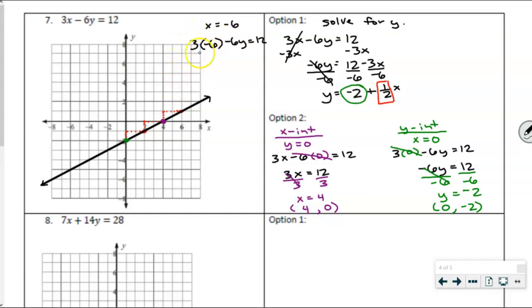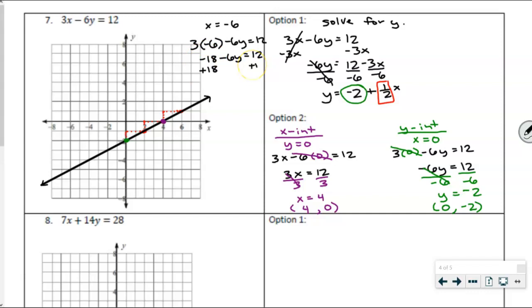Still going to work, but what do you notice now? 3 times negative 6, is it 0 like it was before? No. So it's going to be extra work. But 3 times negative 6 is negative 18, minus 6y is equal to 12. You've got experience solving equations, so let's continue to solve for y. I have negative 18, which I'm going to zero out by adding 18.